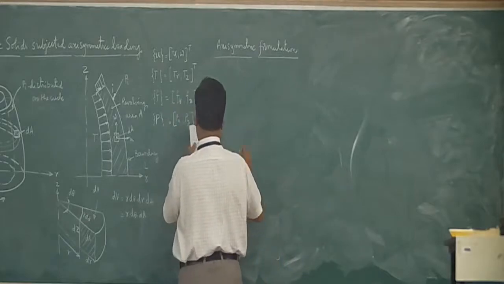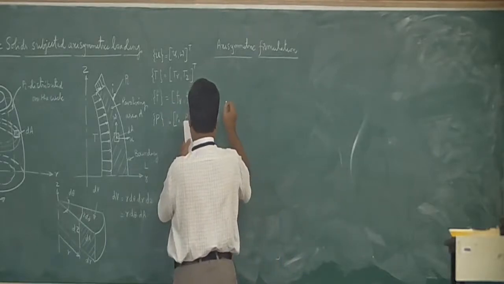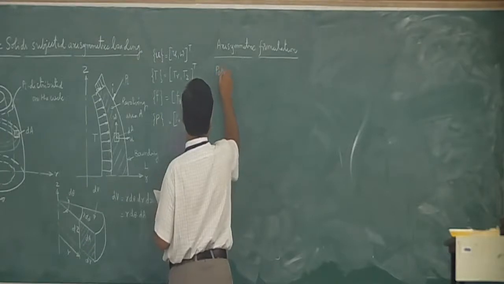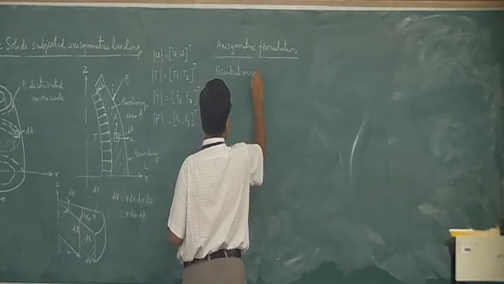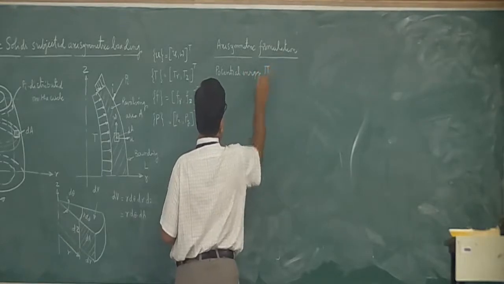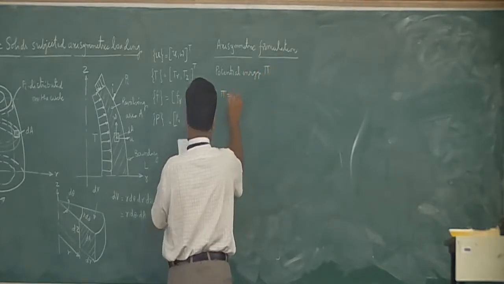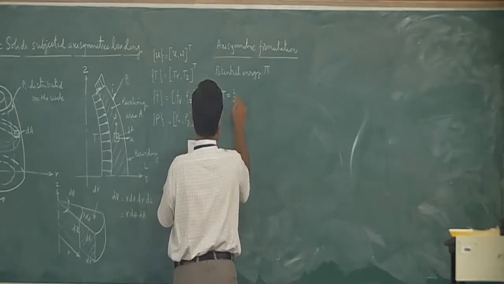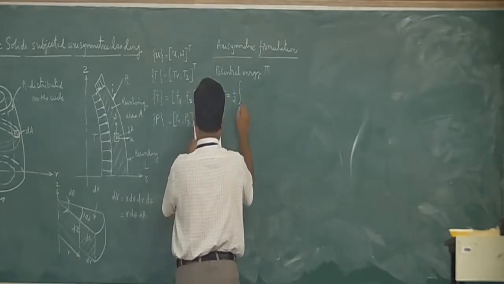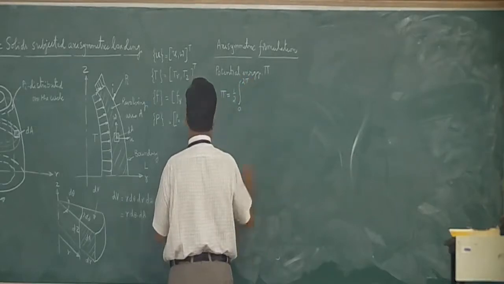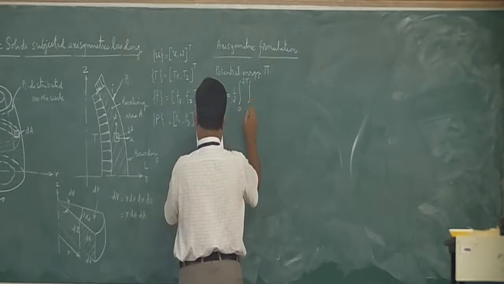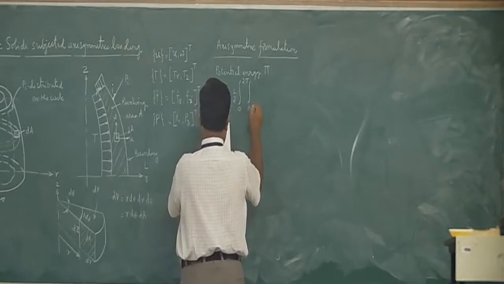Now the potential energy pi can be written as pi equal to the summation from 0 to 2 pi, because we have to take the rotational angle. Then next comes the integral over the area.